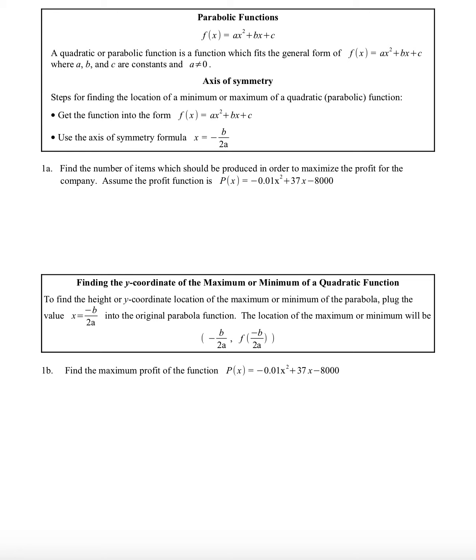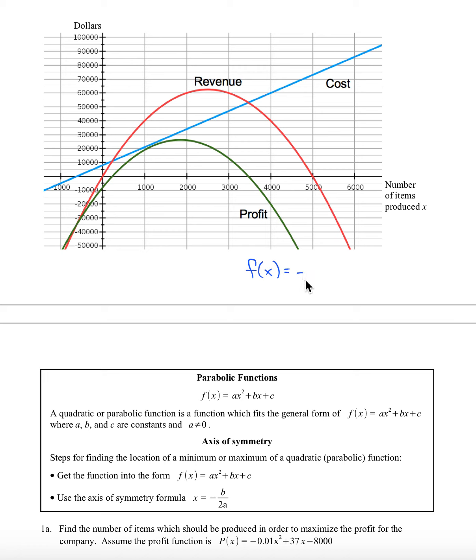If we look at our profit function, it has the formula f of x equals negative 0.01 x squared plus 37x minus 8,000. Clearly the a here is not 0, it's negative 0.01, and our profit function is curved.